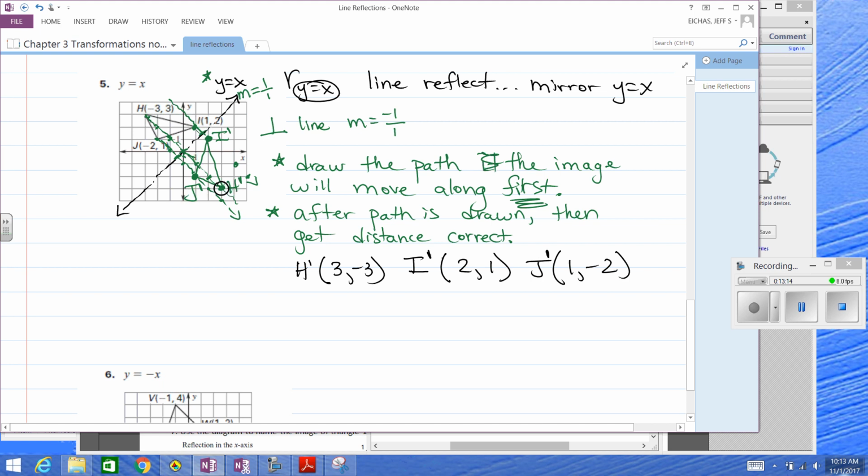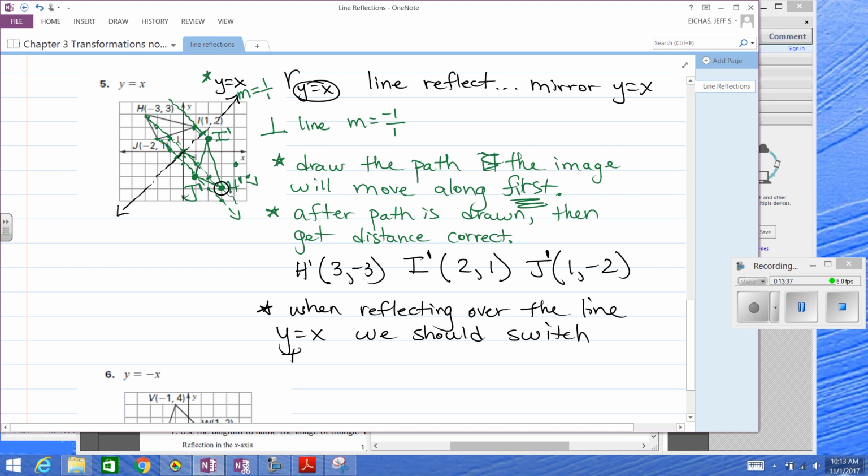I am doing a little cheating there, and this is important. I do want you to memorize this. When reflecting over the line y equals x, we should just switch the coordinates.